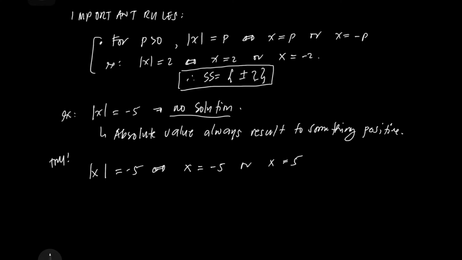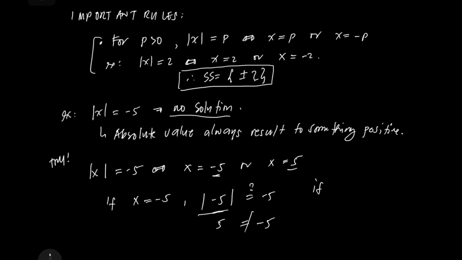Now let's check. If x is negative 5, is the absolute value of negative 5 equivalent to negative 5? The absolute value of negative 5 is 5, which is not equivalent to negative 5. So negative 5 is not a solution.